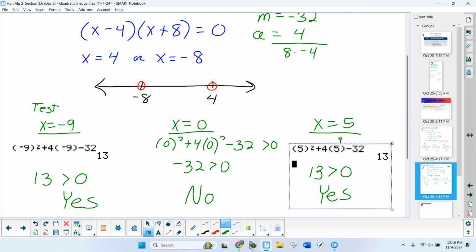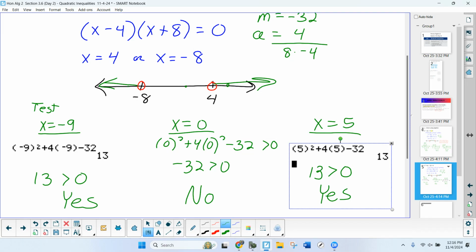So testing your points, that means this point is a solution over here. This point is not a solution. This point is a solution. So it goes yes, no, yes. When they go apart from each other, it's an or inequality.